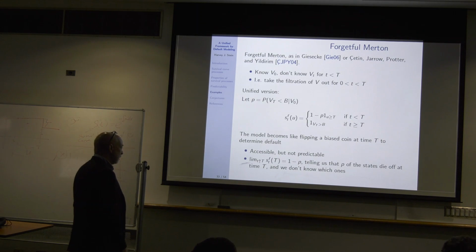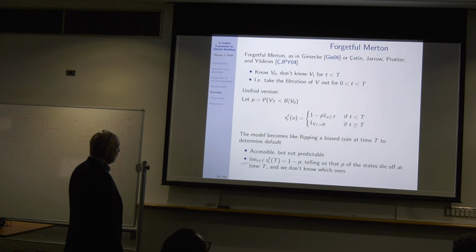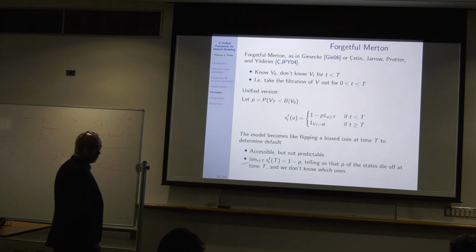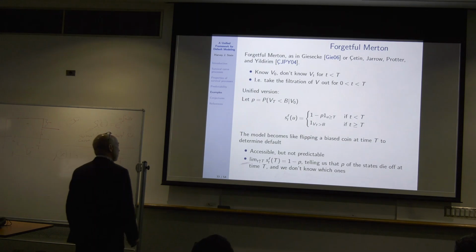Okay, so let's say these people involved who forget Merton, they randomize V of little t compared to what Merton did. And let's say the alternative would have been to randomize the barrier instead. You can do that as well. Is there any reason to prefer one to the other? Yeah.